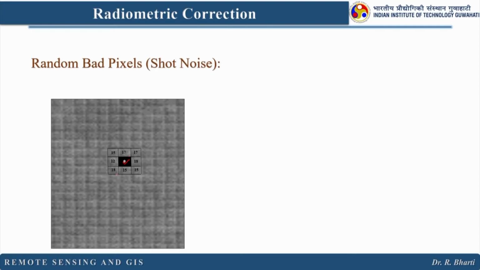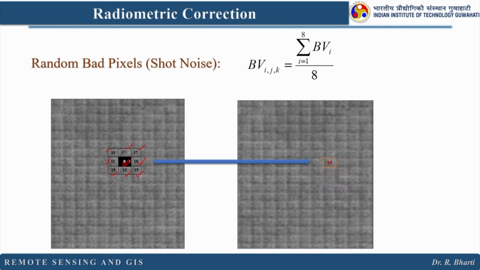So in that case we will take the surrounding values, calculate the average, and then replace the central pixel value, this 0 value, with the calculated value. This will be something like 16, right. I hope you have understood this one.